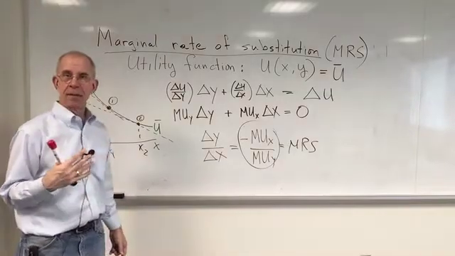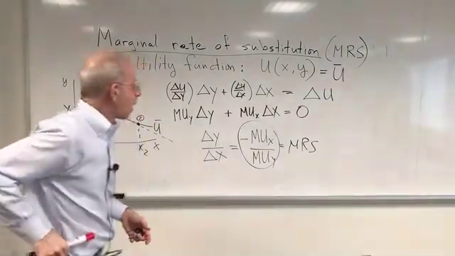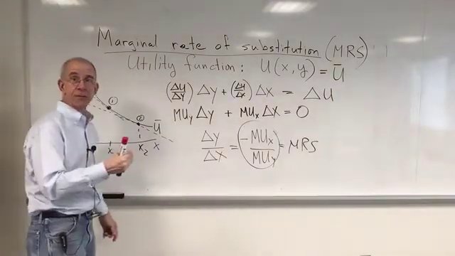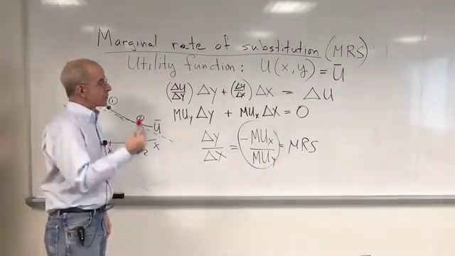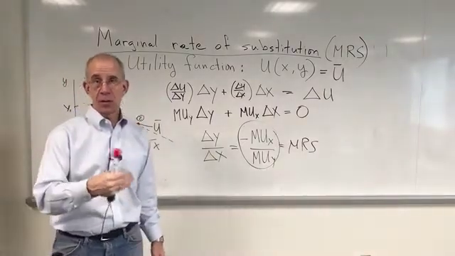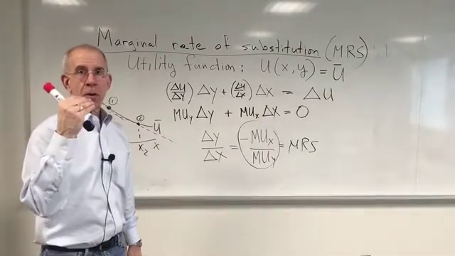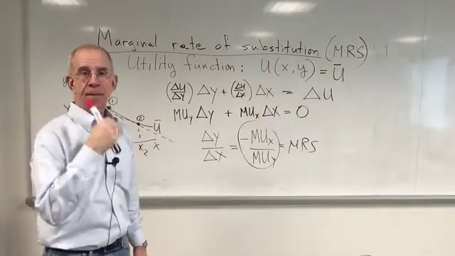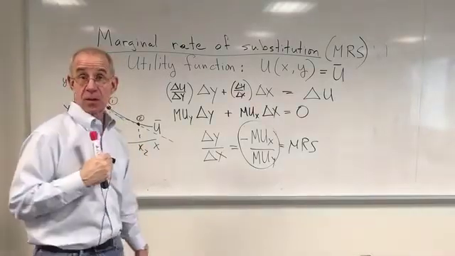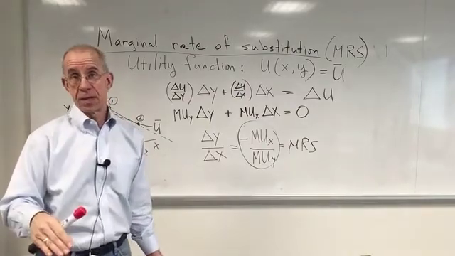But what does that mean in terms of the economics of this? What you have here is that you're consuming more X. The marginal utility of X is going down as you consume more. In this standard indifference curve, the more you buy of X, the less you get in terms of benefits. That's another way of saying that the demand curve slopes down.